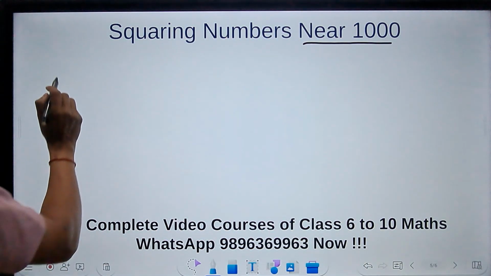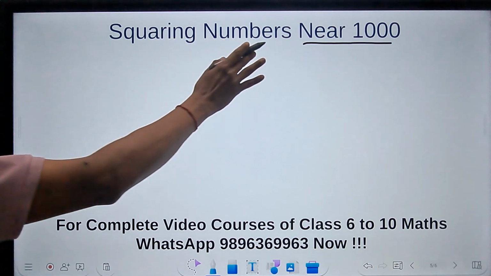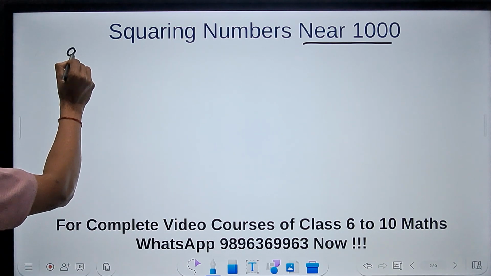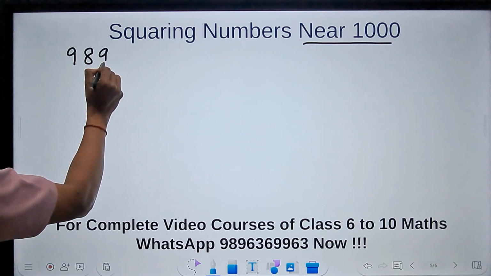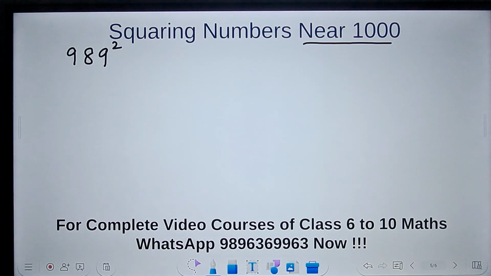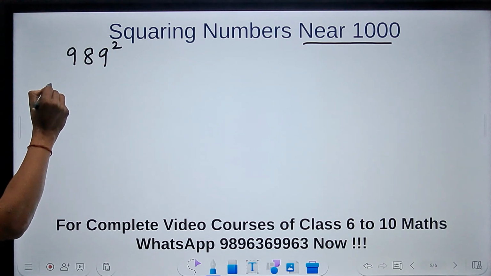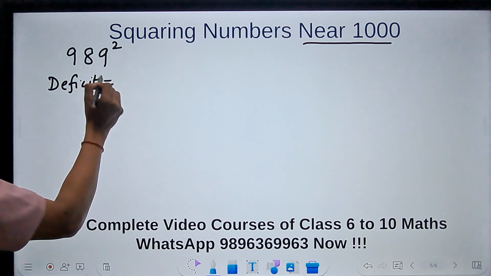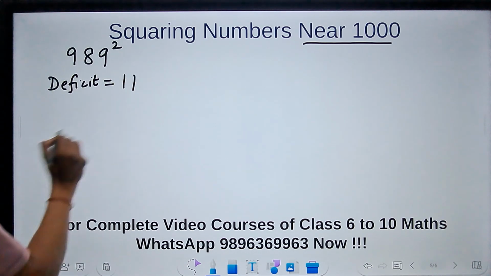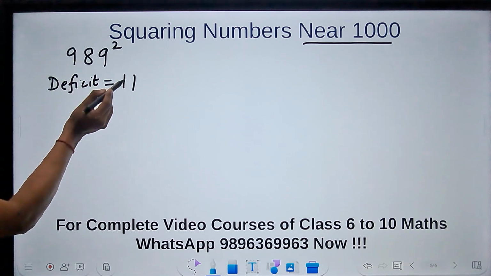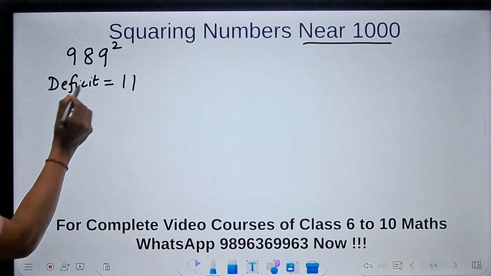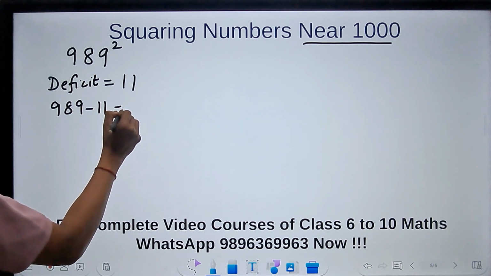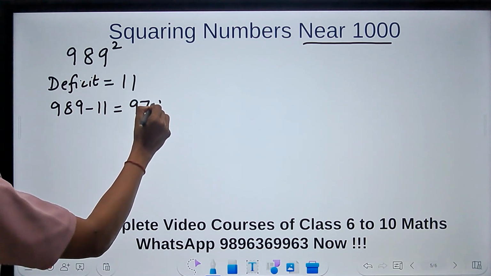Now let's take a number which is very close to 1000 but it has a deficit. Suppose we take 989 square. Now 989 square has a deficit of how much? 1000 minus 989 is 11. So when you add them, you get 1000. So you will subtract them first. 989 minus 11 gives you 978.